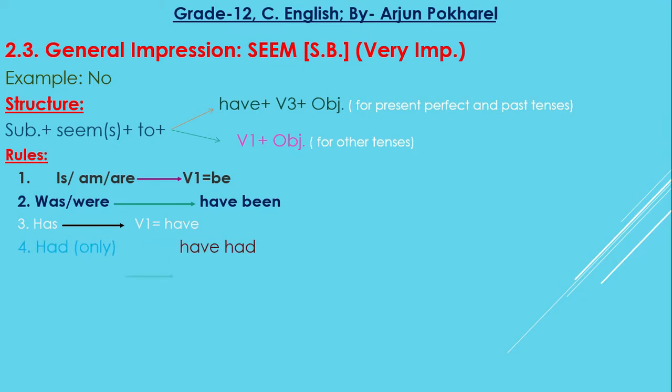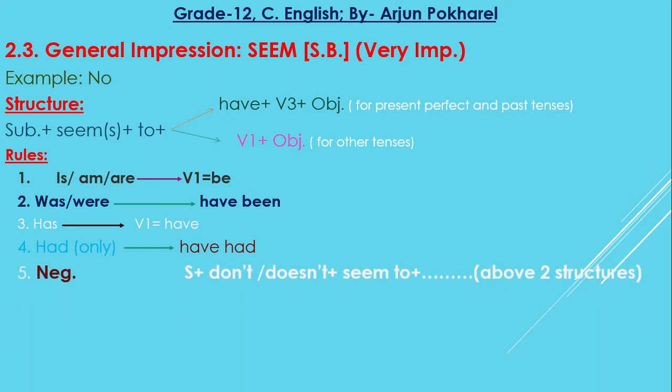And next, if there is only had, not had plus p3, the structure is: you have to use have had. For example, she had an umbrella. At that time you have to use: she seems to have had an umbrella. In this way you have to give your answer.